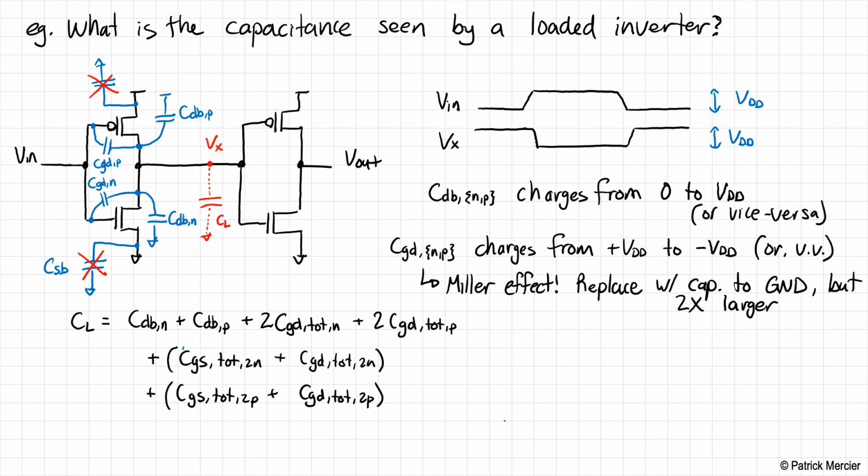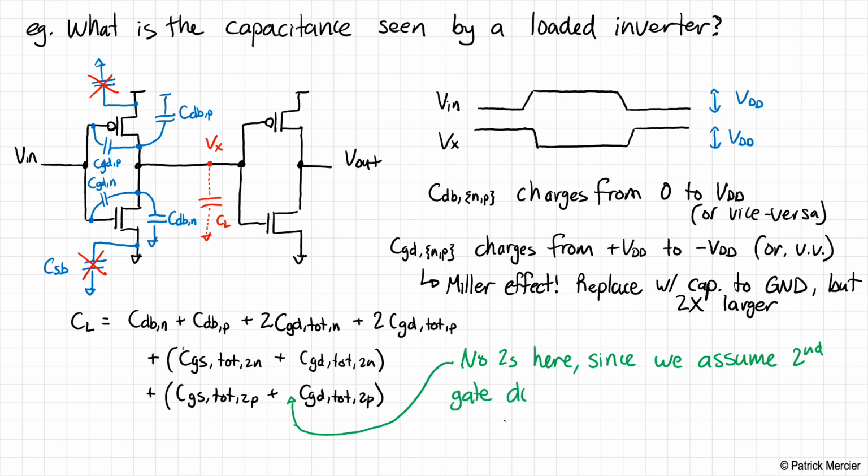So I'm going to say that there are, actually let me take that as a note up here, no 2s here, since we assume the second gate doesn't switch until after the 50% TPD of the first gate.